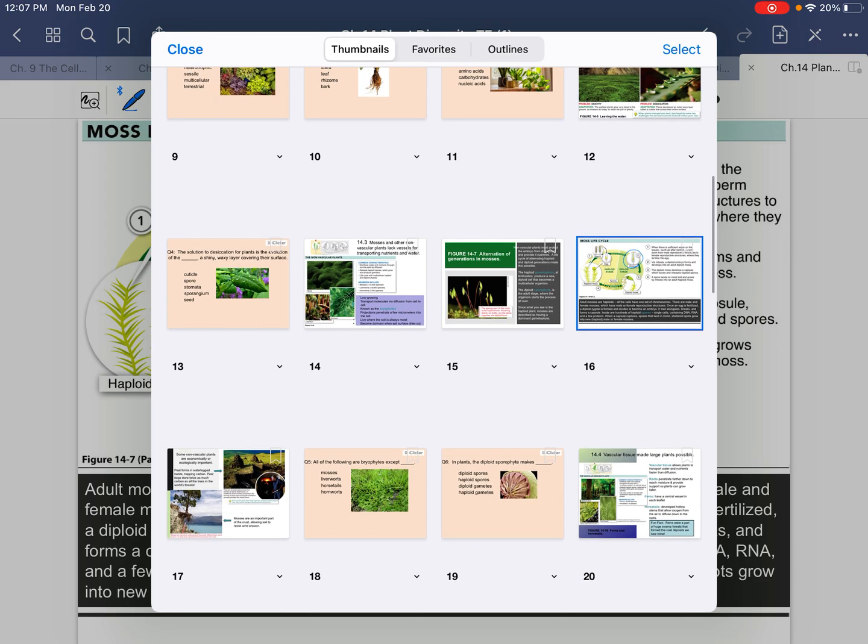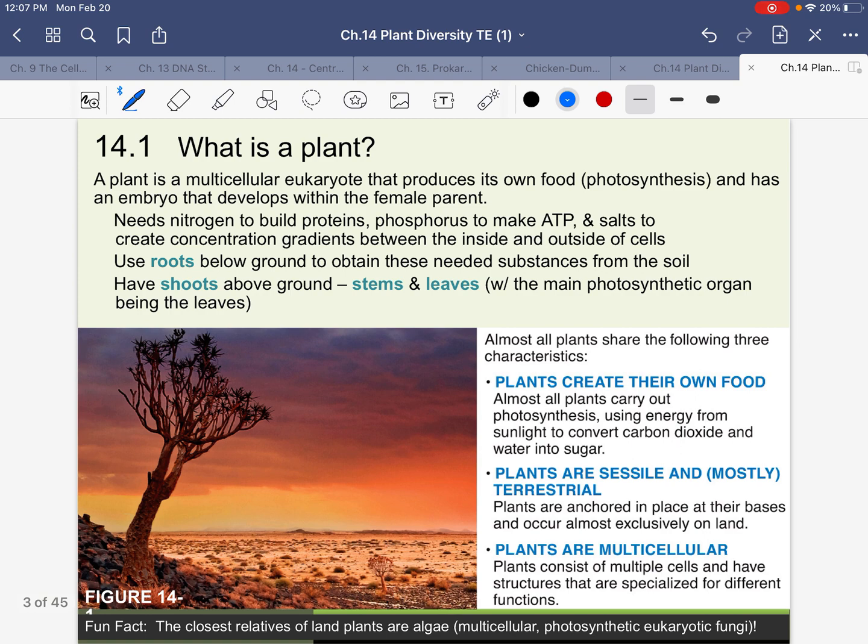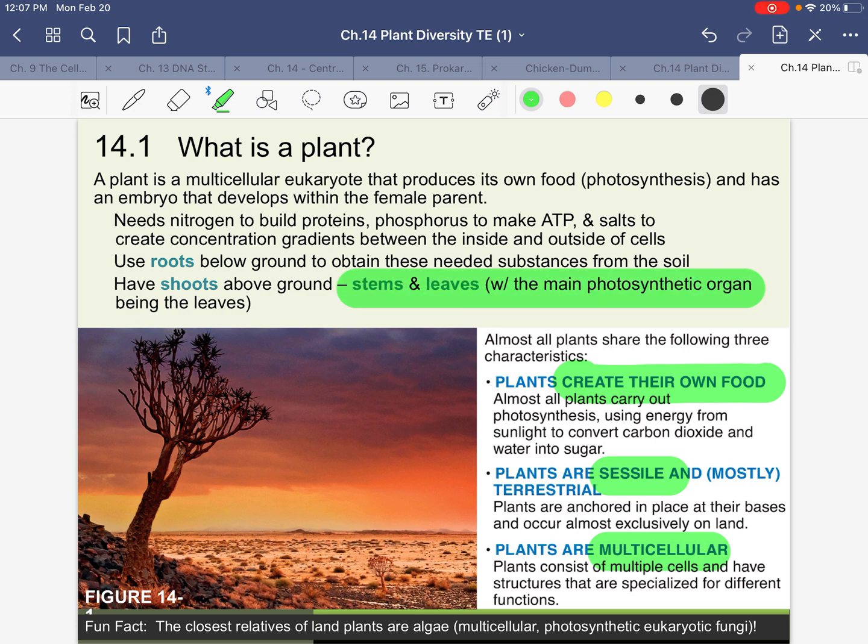Then on your test, it also wants you to be able to recognize the characteristics of plants. That plants have to be able to create their own food, they're autotrophs, that they are sessile and not really moving, and that they are multicellular. So be able to pick those off the list. It also wants you to recognize that stems and leaves are important to the plants, and the leaves are where the photosynthesis happens.